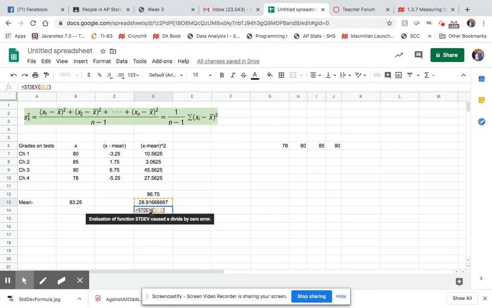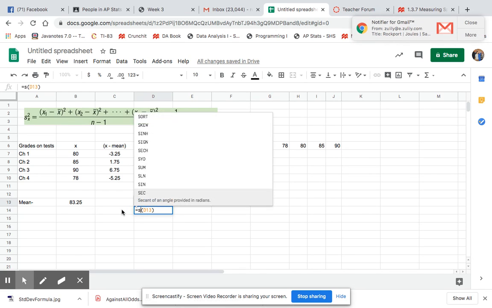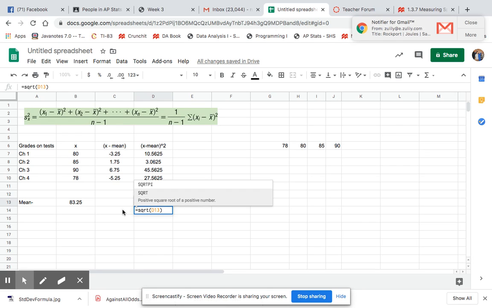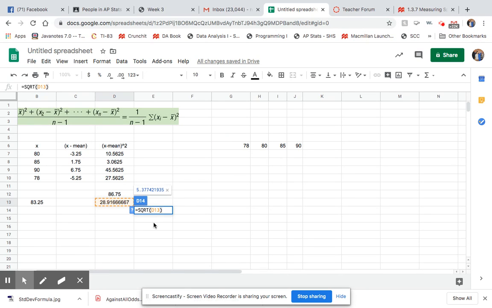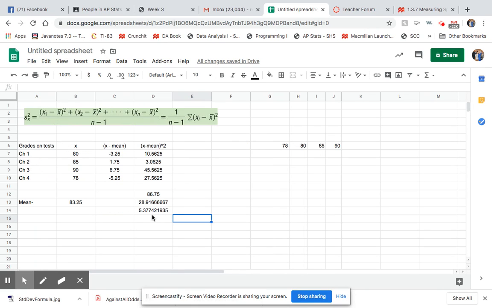Oops, I don't want standard deviation. Sorry, I want the square root. Okay. So again, that's the variance. To get to the standard deviation, because we squared it, we have to take the square root. That's why I was getting a weird one. So let's type SQRT of whatever I got in D13. And there we go. And I get 5.37 is my standard deviation. Sorry about that little screw up.